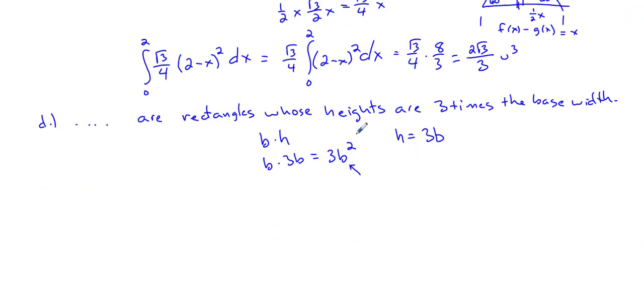So if this is our area, we'll have the antiderivative from 0 to 2 of A of x, dx. A of x is going to be 3 times the base length, which is 2 minus x, f of x minus g of x, which we've already found.